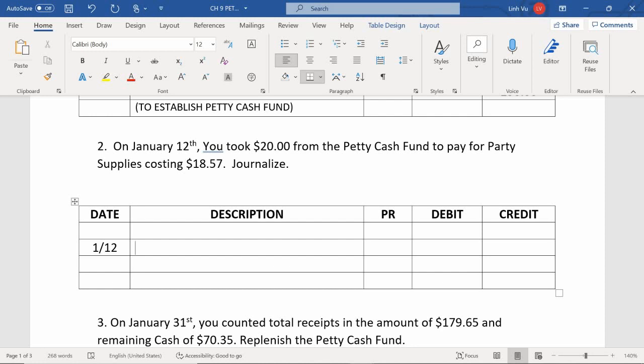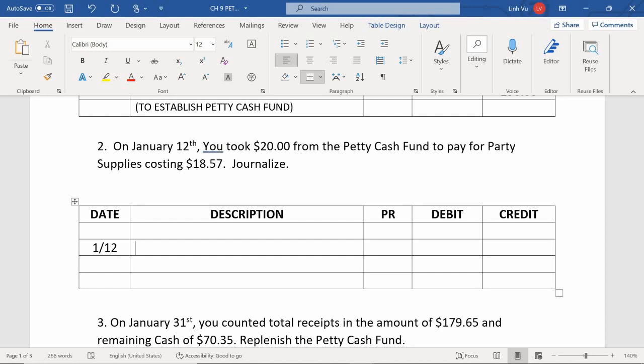When do you recognize expenses? When do you recognize that the expense has occurred? When you count the petty cash, no? Not the ledger. When you count out all the receipts and you need to put money back in? When we replenish the petty cash fund, right?